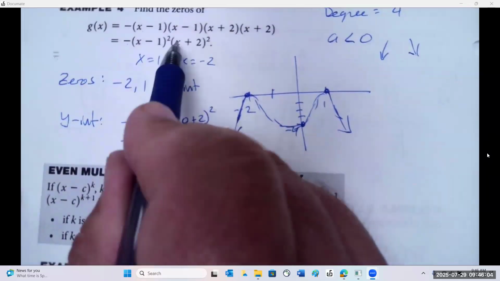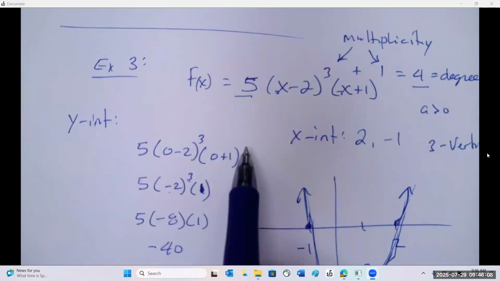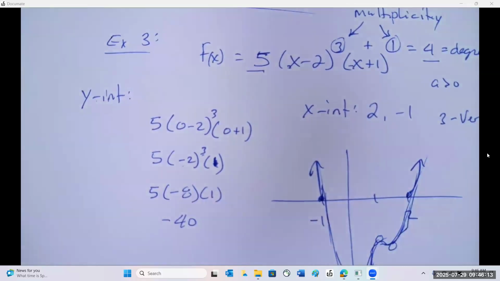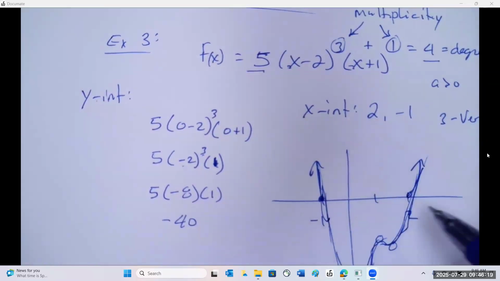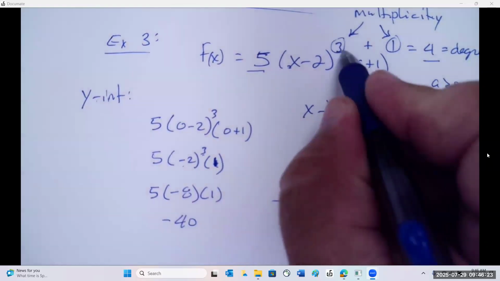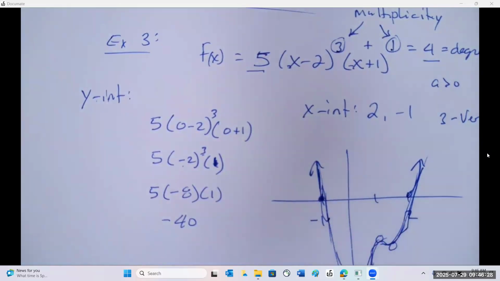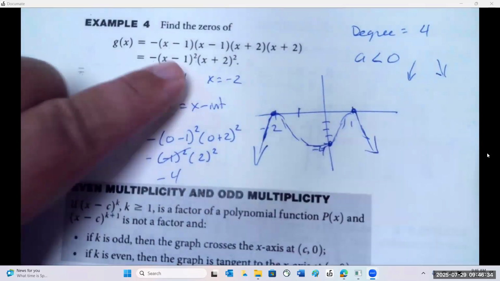It's another purpose of the multiplicities. Remember this in example 3? You notice these are both odd. What happened to those x-intercepts when they're odd? The line goes through them. If the multiplicity is odd, at that intercept, the line crosses. If the multiplicity is even, then it bounces.